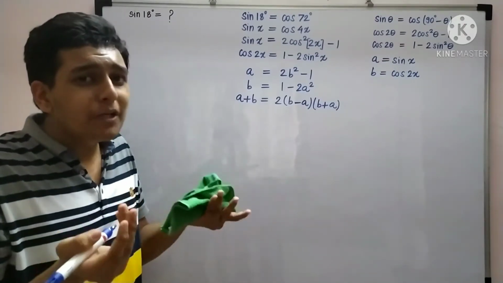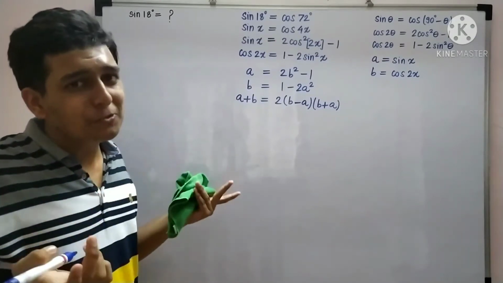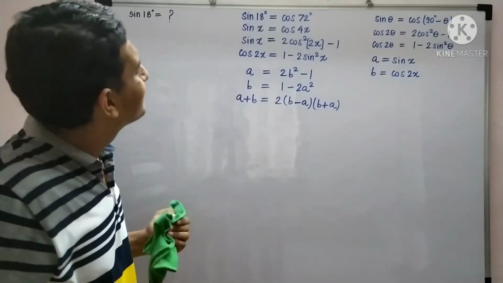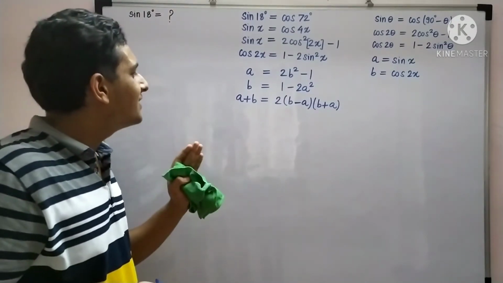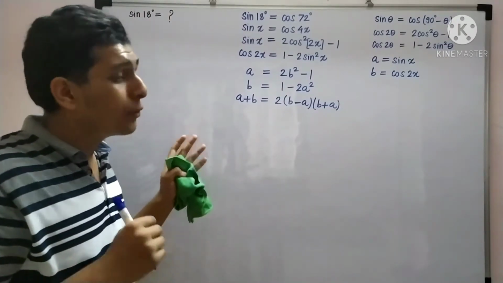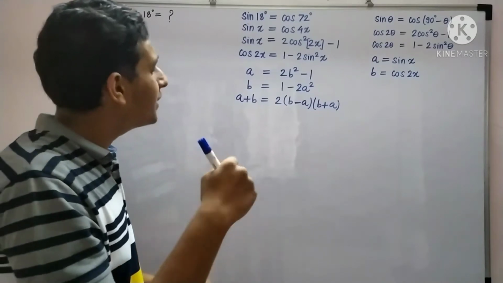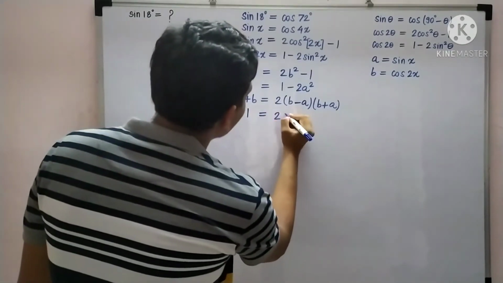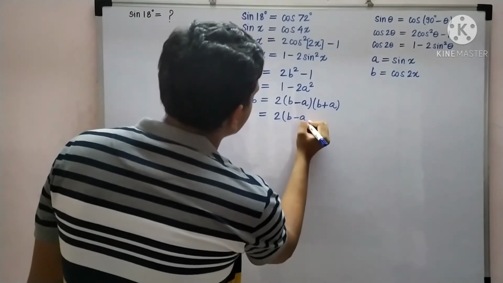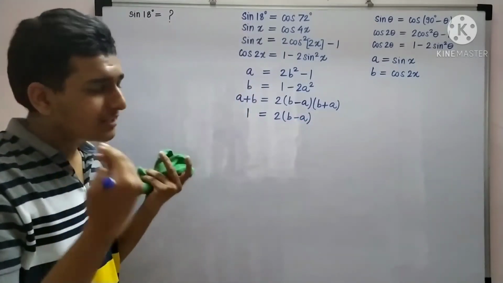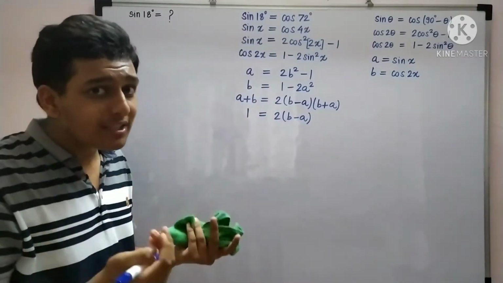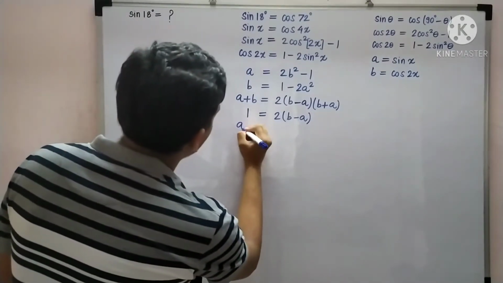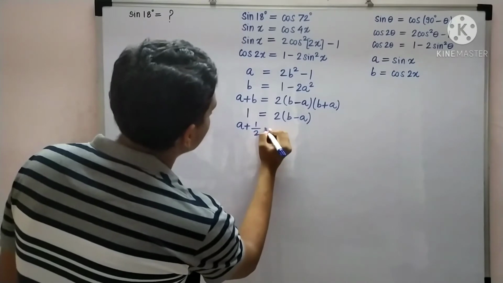So if a and b hold positive values, there is no chance that their addition will be 0. In other words, we have the liberty to divide both sides by a plus b to simplify it to 1 is 2 times b minus a. Rearranging the terms gives us a linear relation between b and a, that is a plus half gives us b.